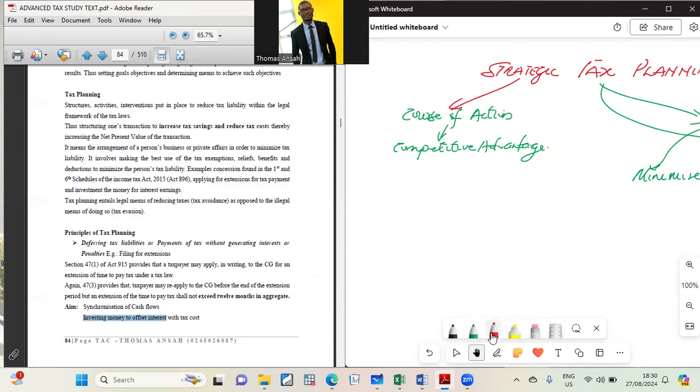So let's say your tax liability was 50,000, and this 50,000, you invested it for 6 months, and maybe you get a rate like 20%. What is 20% times 6/12 by 50,000?